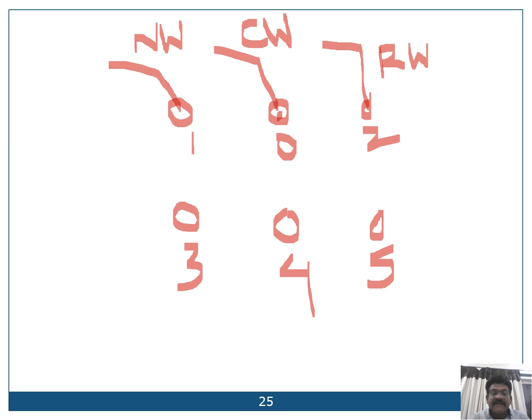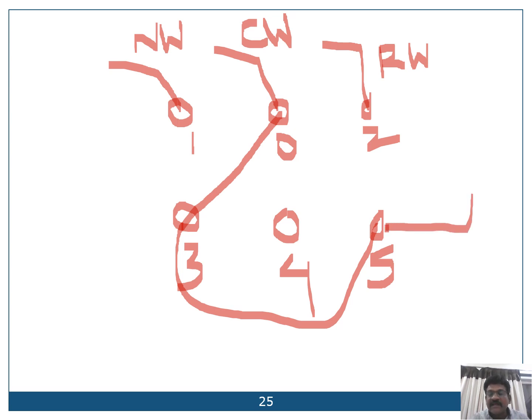So this is connected internally from here to here, and we have an external loop provided here like this, and from here supply is connected to your motor carbon brushes. So the motor is here, and this is connected to your motor here. Negative will come like this, go to 3, directly to 5 and go to the motor. This CW can also be connected directly here.